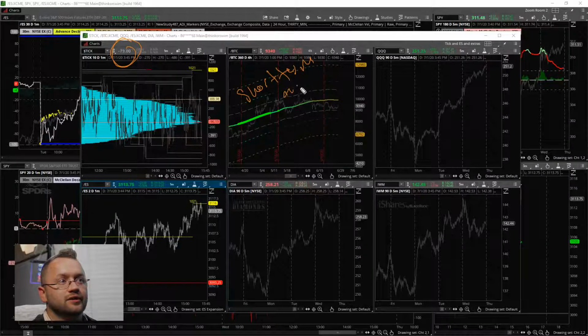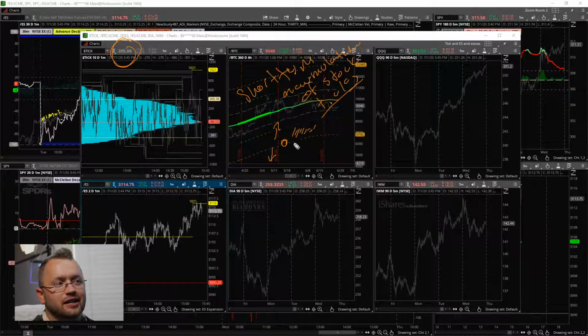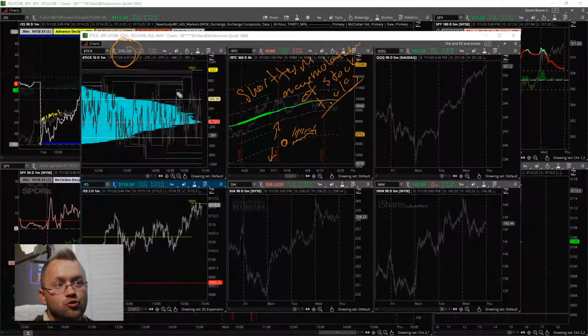This represents a short-term accumulation of stock ticks. So if you have one stock tick up and one stock tick down, you get zero movement on this. You have to get a bunch of stocks ticking up, and then the tick starts moving up.